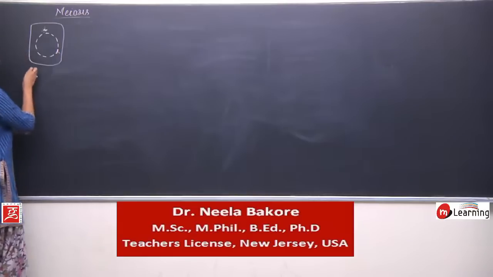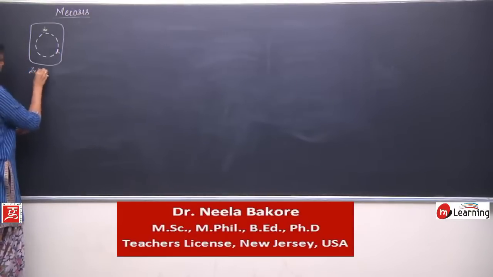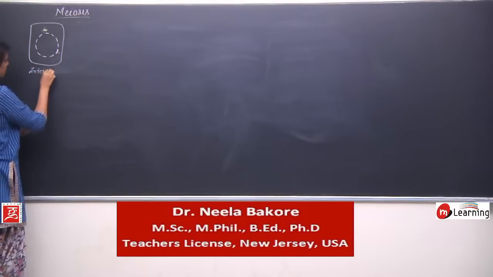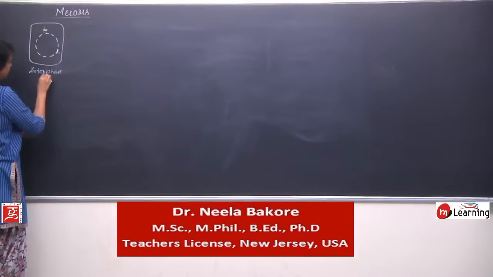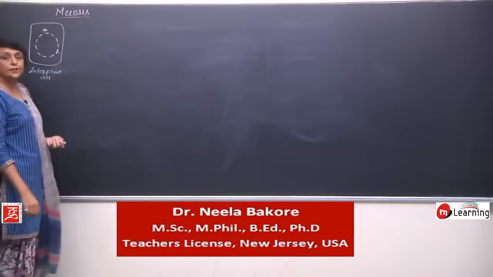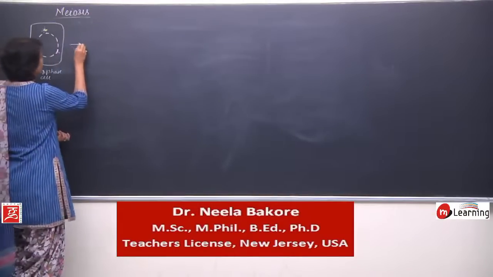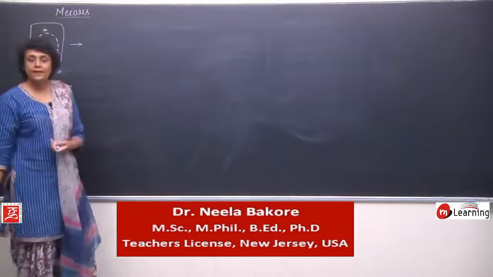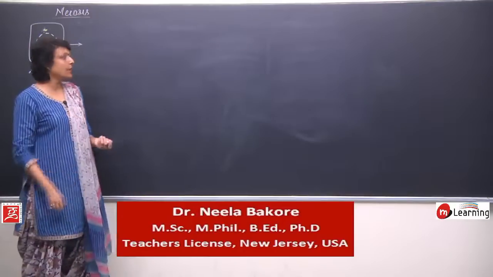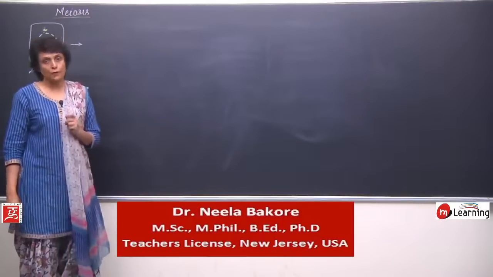So let us call this cell interphase cell. Now it enters the process of meiosis. It will go through karyokinesis of meiosis 1, and the first is prophase 1.